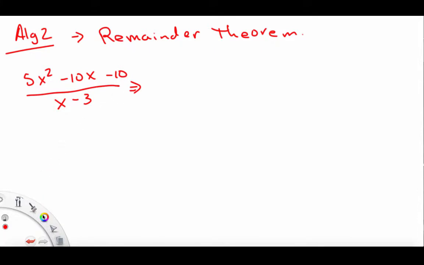Let's use blue. Now we want to divide this, so let's set it up. x minus 3, and let's write our polynomial in: 5x squared minus 10x minus 10.